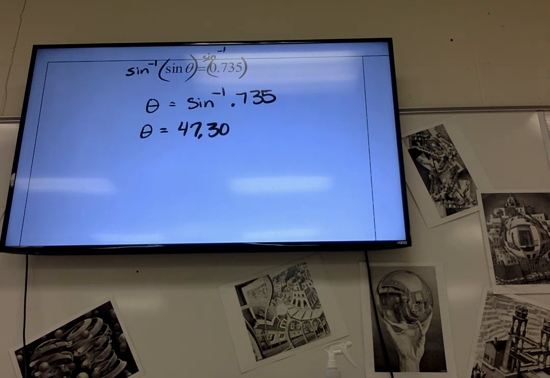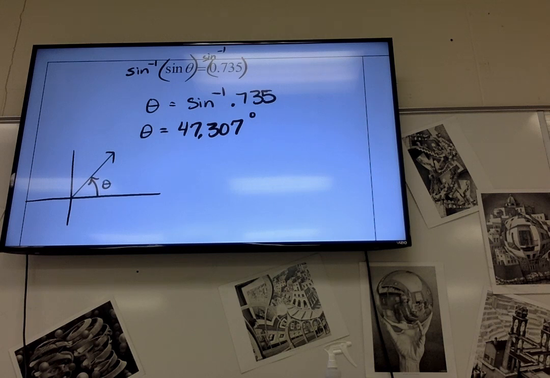Yep, and that's in degrees. So that's definitely between 0 and 360, so we're good. It's like here-ish. There's theta.